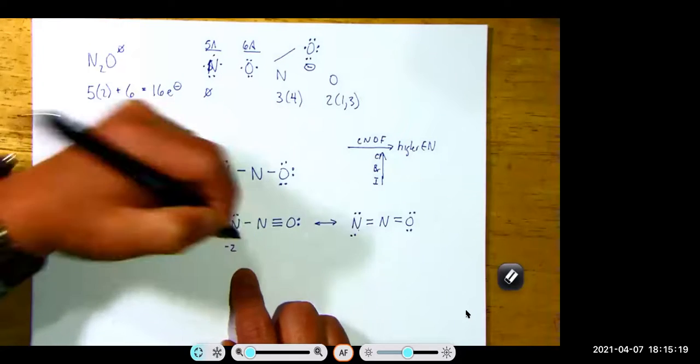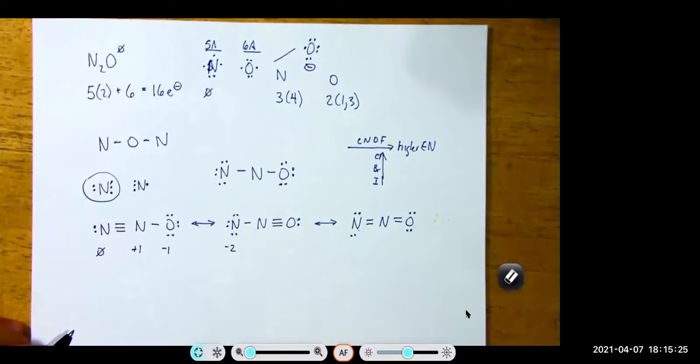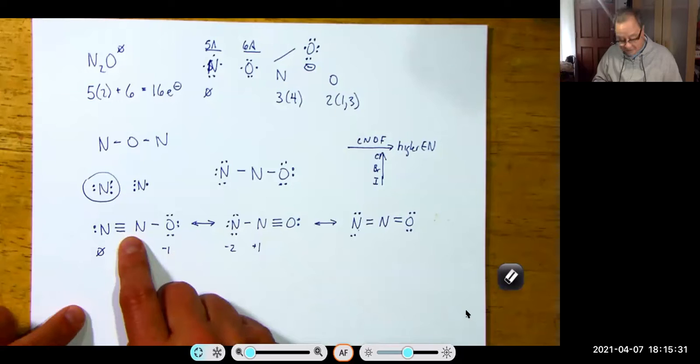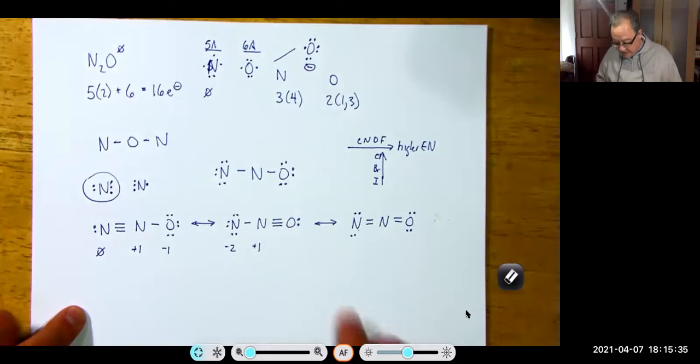Absolutely. What is the formal charge on this nitrogen in the middle? +1. Yep. And you don't really need to do this one again because we already did it. A nitrogen with 4 bonds, +1. How about this oxygen? We haven't seen one of those, an oxygen with 3 bonds.